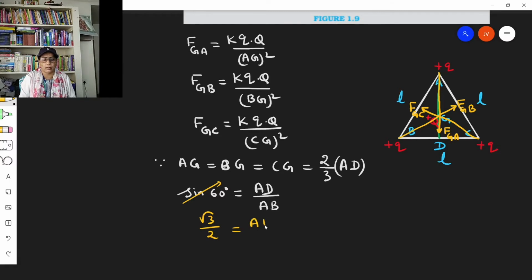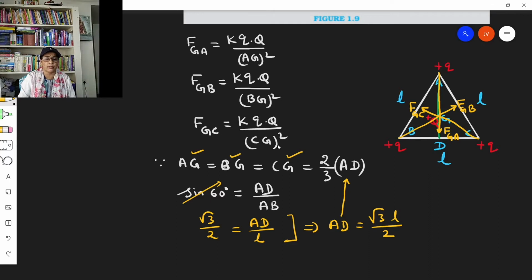AD is our requirement. AB is side of equilateral triangle, which is given as L. From this step, we will get AD is root 3 L by 2, and this AD we will plot here to get all these three measures which we are going to plug in the denominators of the force expression.